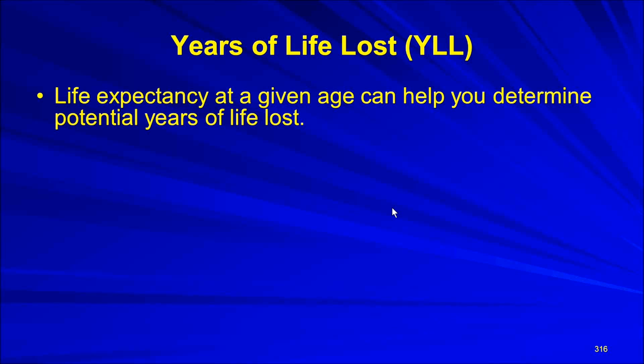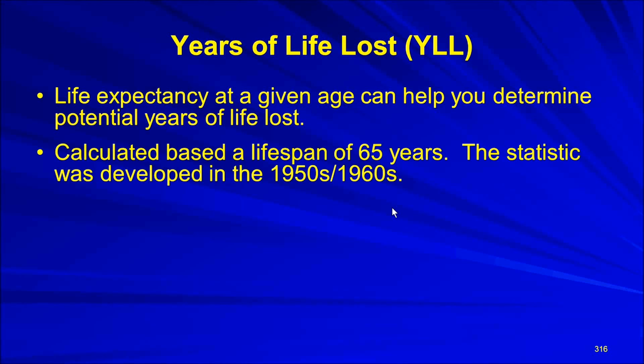This is another formula that you hear about in the literature, and I think it's an interesting way to conceptualize things and life, and it has to do with life expectancy at a given age can help you determine potential years of life lost. Now, this formula was developed again in the 50s and 60s, where the lifespan of an individual was about 65 years.